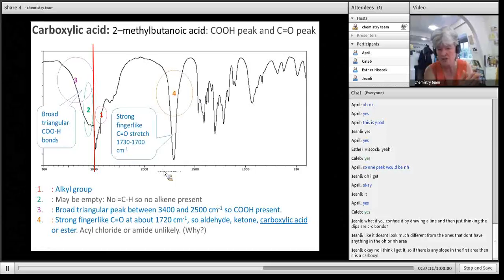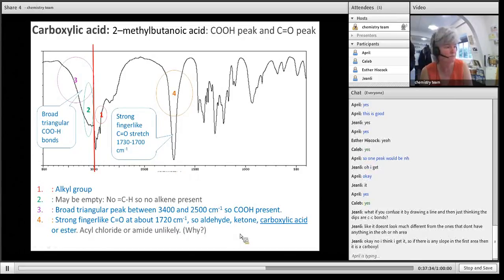So the position of that carbonyl peak can be very helpful in saying what type of these it is. Okay, so I've got the acyl chloride or amide unlikely, and it's because this peak is round about 1710, so it's too high for an amide and it's too low for an acyl chloride.